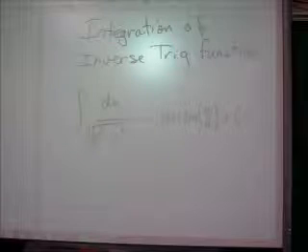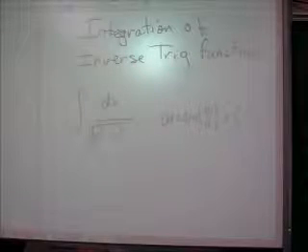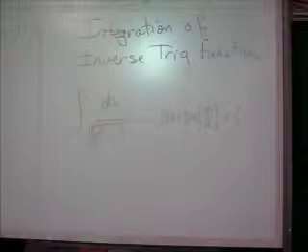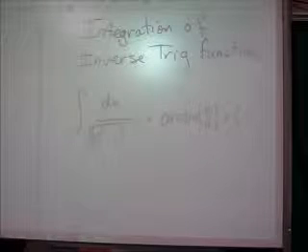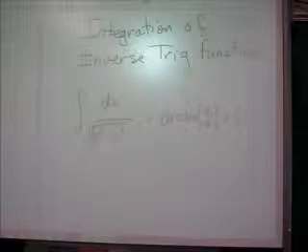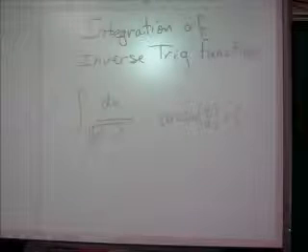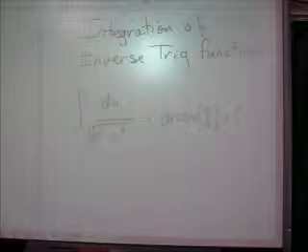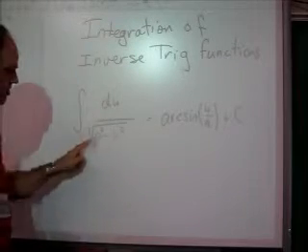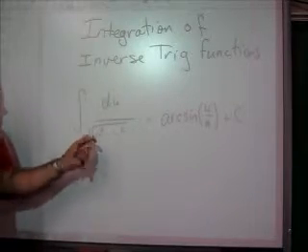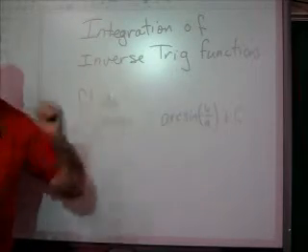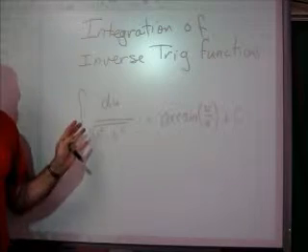That's what we end up with. It doesn't matter if it's a negative or a positive; we only get that formula out of it. So if it's a negative problem, it's just negative the arc sine. Our challenge is going to be to identify the pattern, identify this form, and then figure out what is the a, what is the u. We'll look at some examples in a minute.